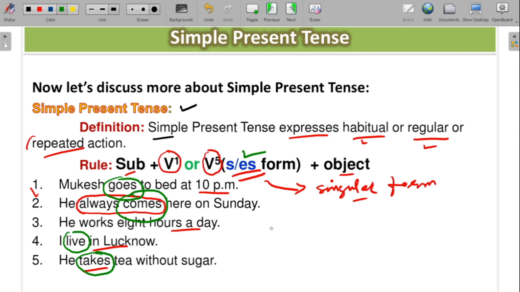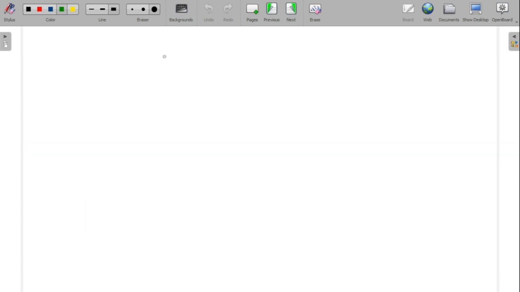Let me remind you quickly about these forms of the verb, as I have already said in the last class, by taking a new page here. Verbs have 5 forms: verb 1, verb 2, verb 3, verb 4, and verb 5.